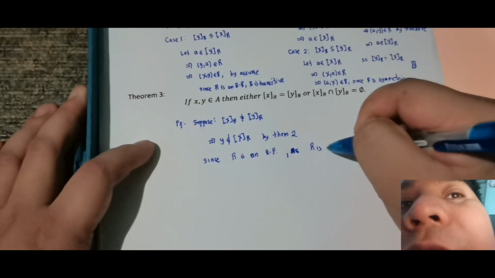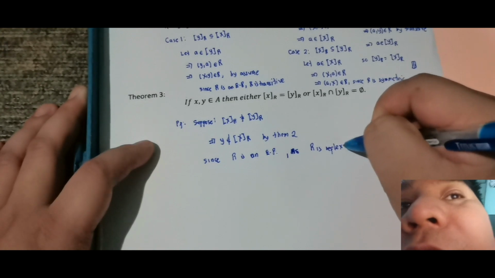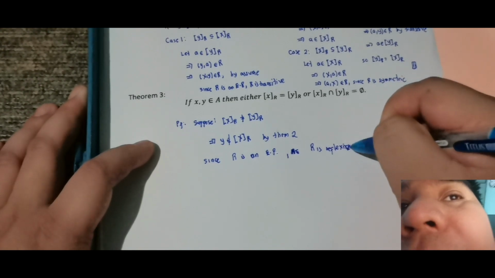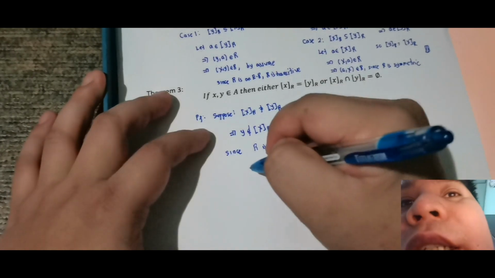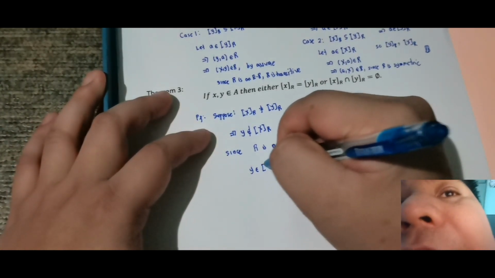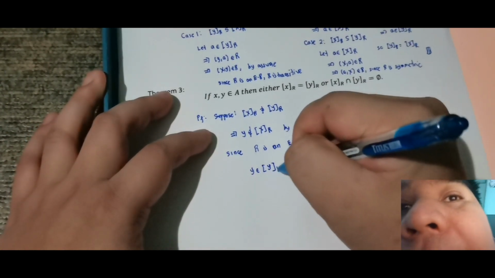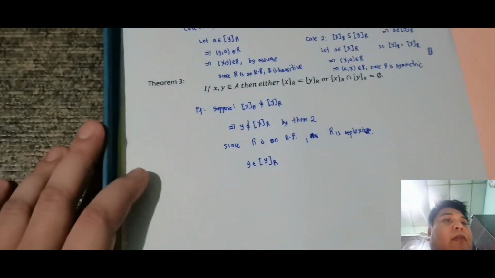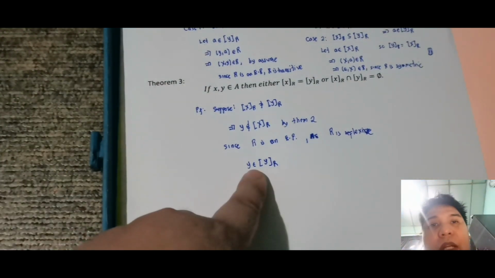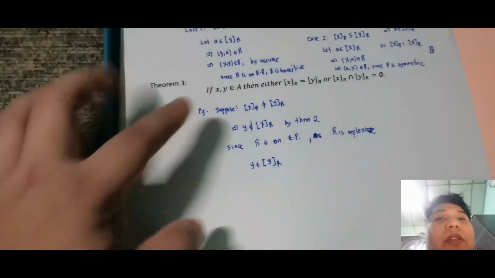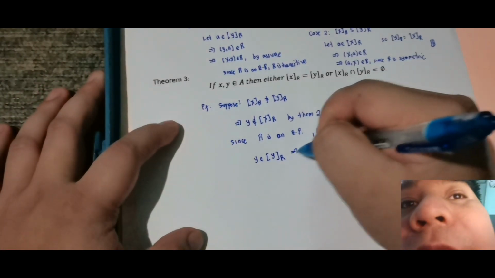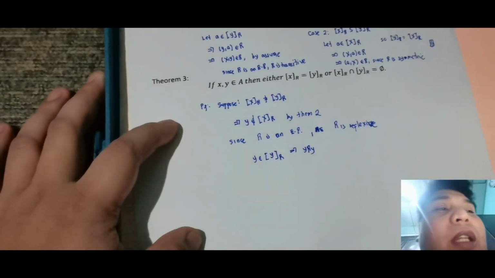So, paano yun? R is reflexive, meaning si Y, element ni class represented by Y. Okay, so yun ang ibig sabihin. So, reflexive. So, this is Y, Y, element ng R. Tama? So, this implies that Y is related to Y. Yan ang may ibig sabihin yan.